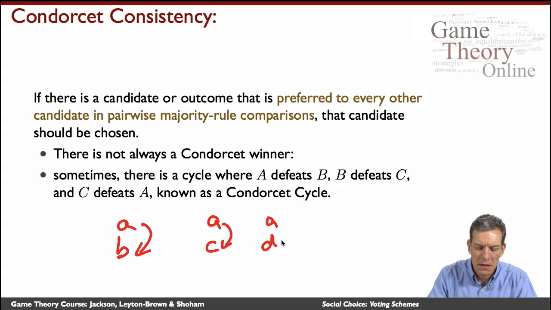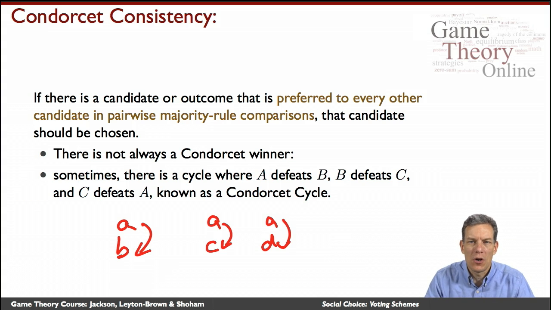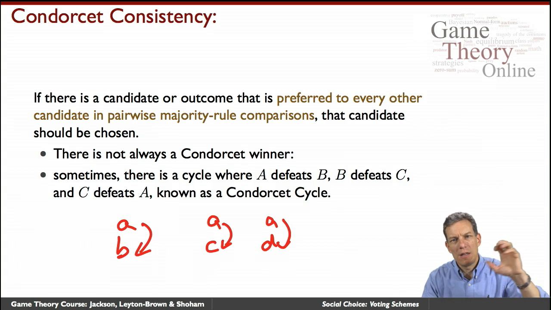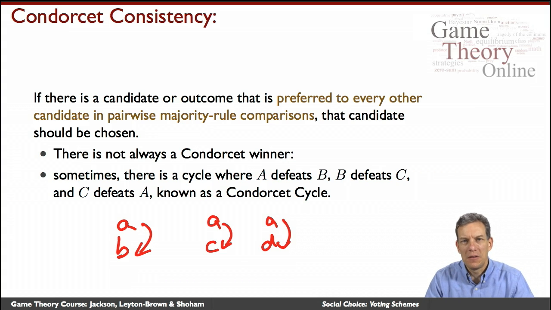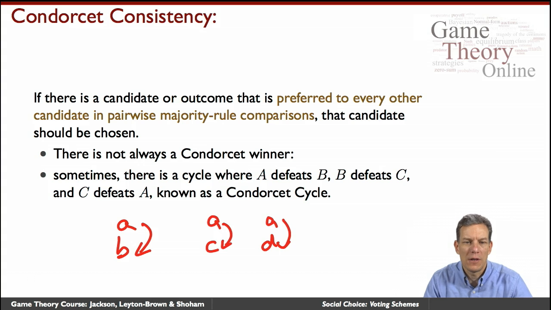And A to D. If A beats every other alternative, it has a majority of votes versus all other ones, then that's known as a Condorcet winner. Okay, so it's something which a majority prefers to any other alternative. And when those exist, we'll say that a rule is Condorcet consistent if a social choice function picks a Condorcet winner when there is one. Okay, so that's a nice property that's sometimes desired of a rule.